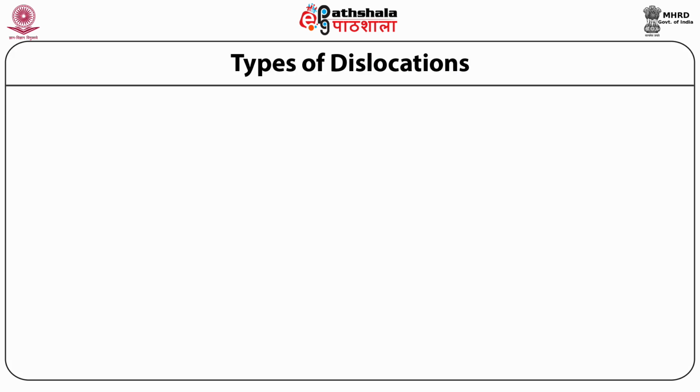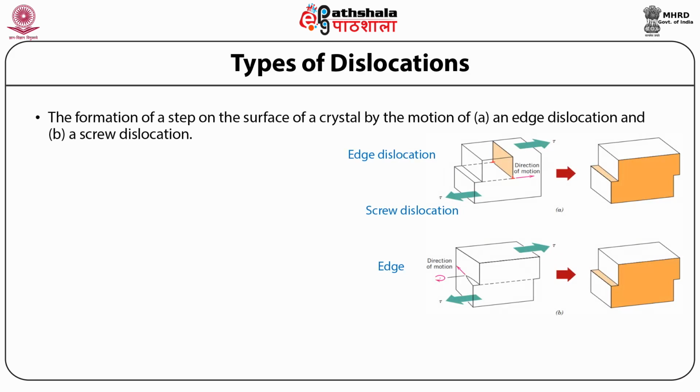So now let us study the types of dislocations. The formation of a step on the surface of a crystal by the motion of number 1, an edge dislocation, and number 2, a screw dislocation.